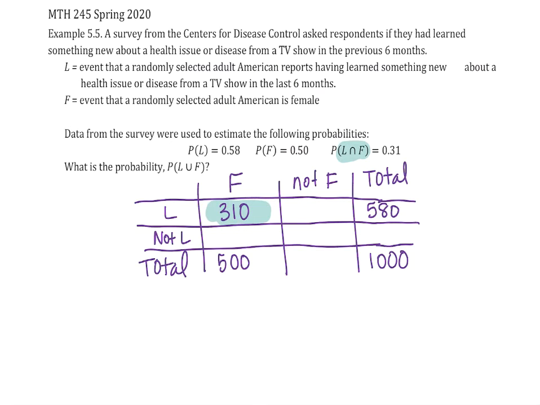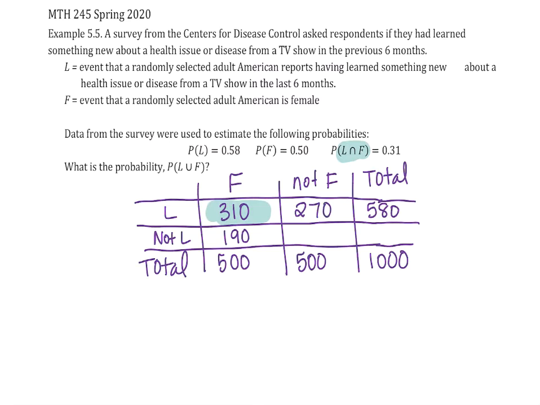There's 500 females and we just accounted for 310 of them, so that leaves 190. If there were 500 females, then there's 500 not females. If we have 580 people who learned something, we've already accounted for 310 of them. So I'm going to take that 580 and subtract the 310.